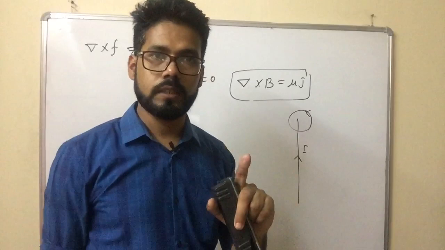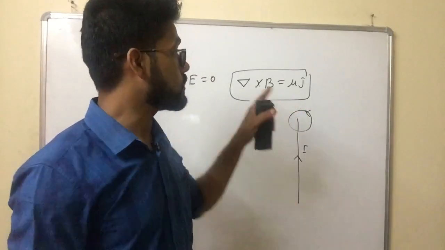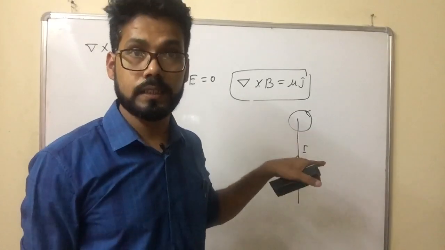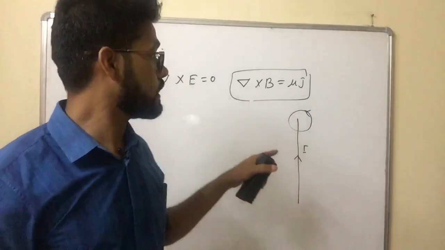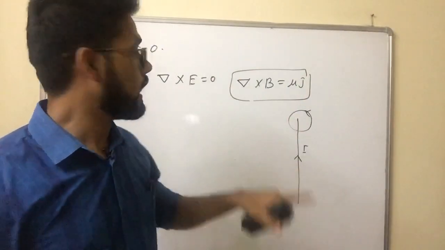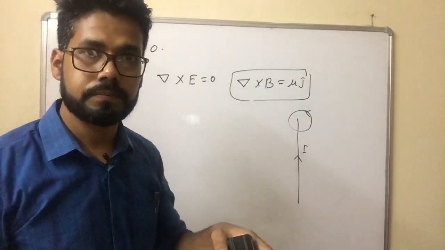That is why curl of B is non-zero. This means the magnetic field is rotating. So the magnetic field is a rotational field and the electric field is a non-rotational field.